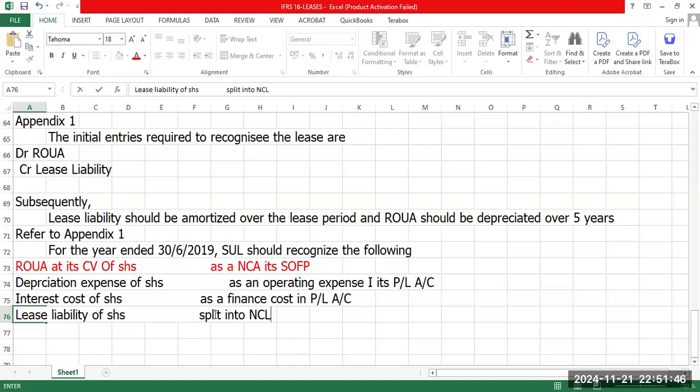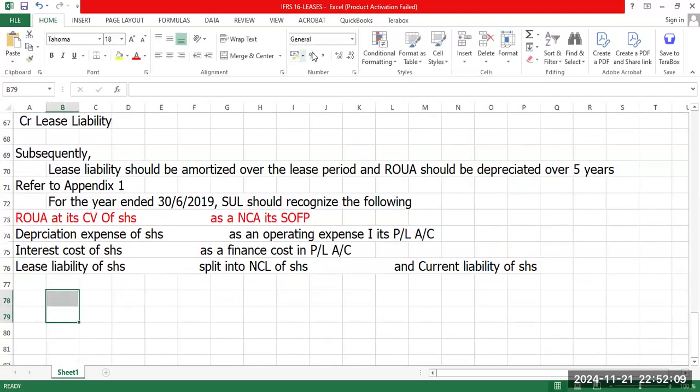We are going to find out how much the non-current liability is, and the current liability. So know that you will have a lease liability, yes, but it should be split into 2: non-current liability and current liability.